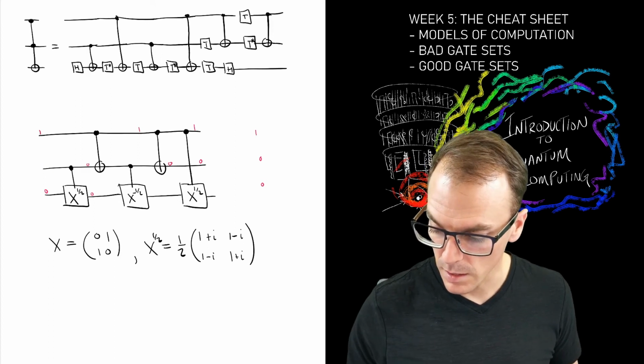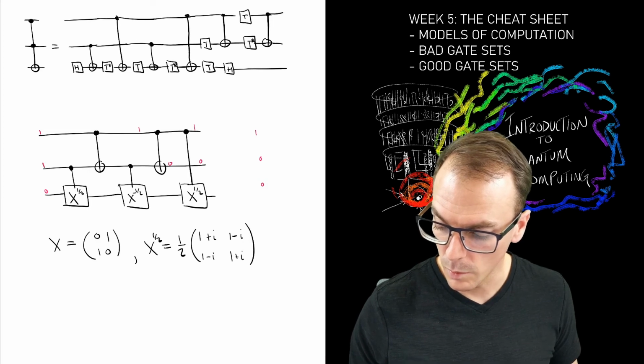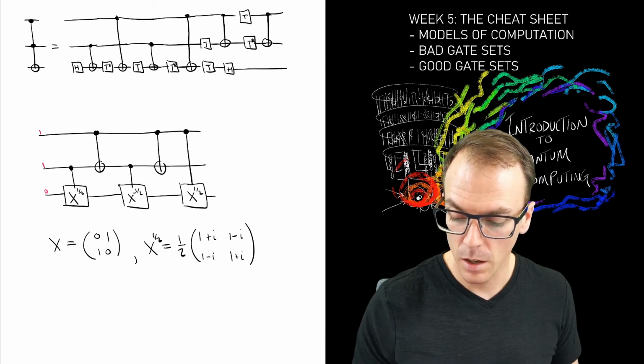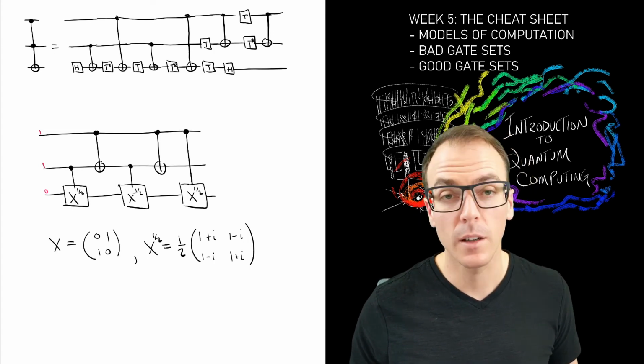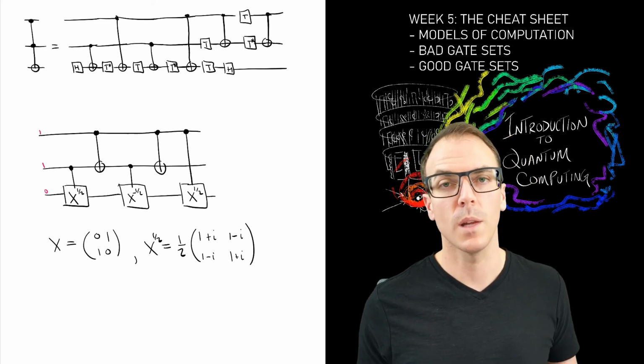The interesting case is when we have a 1, 1. So the Toffoli is meant to perform an X gate on the final qubit, and the original two qubits are meant to stay in the 1 state.